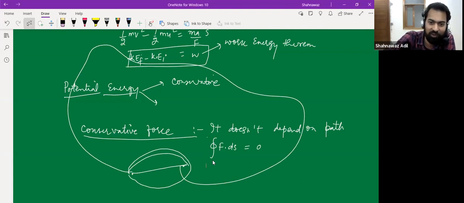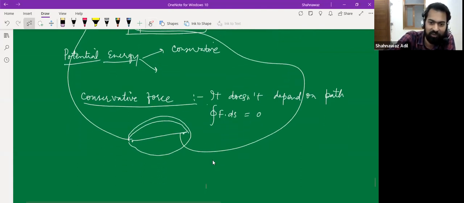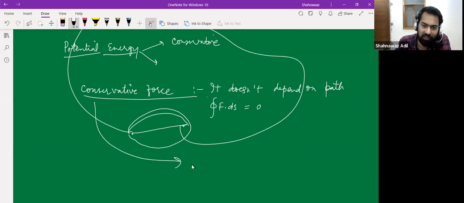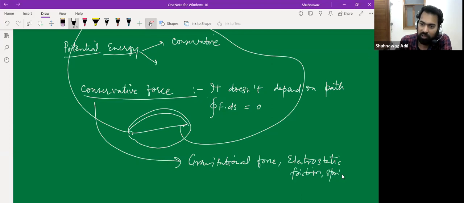Yes, so conservative force, and what are the examples of conservative force? Conservative forces are gravitational forces that we talked about yesterday, and then electrostatic forces, and then you have spring forces, the restoring force in the spring, right?